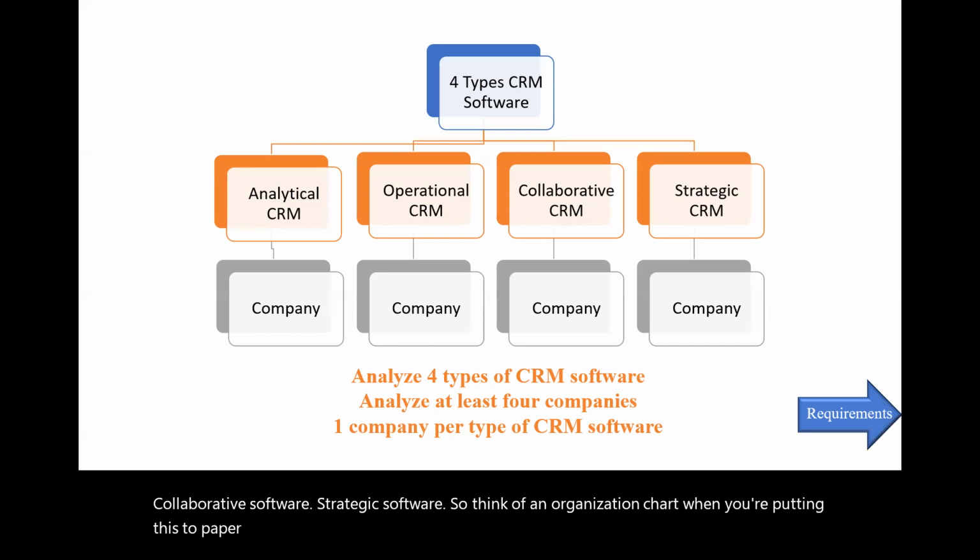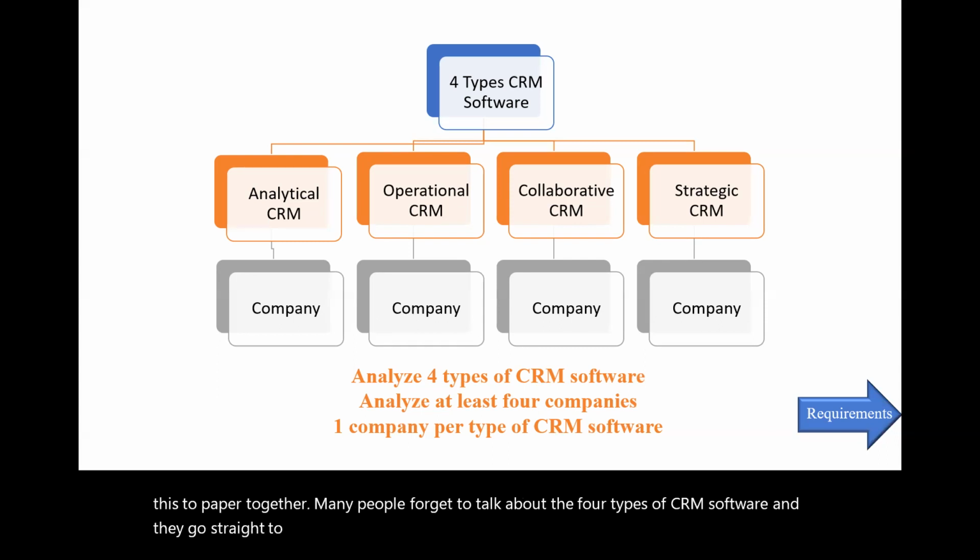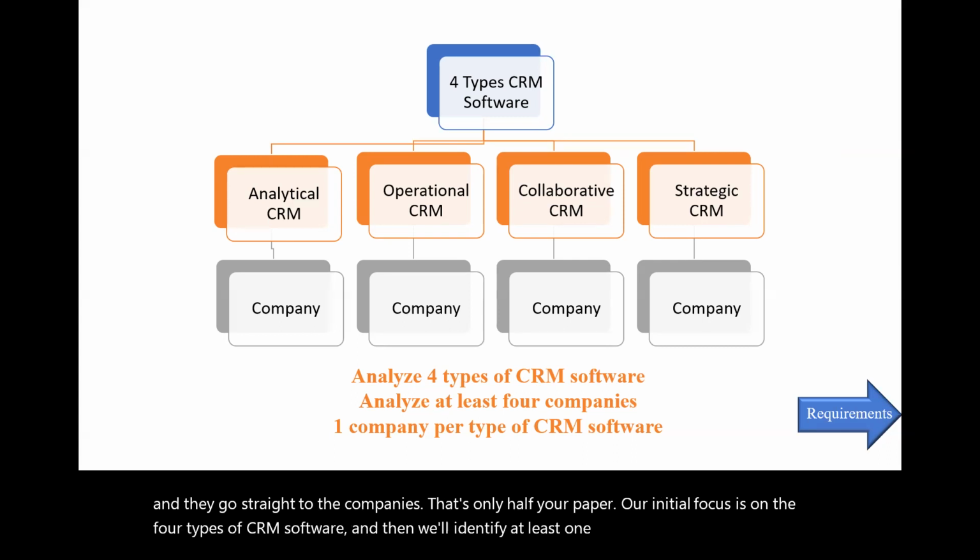Many people forget to talk about the 4 types of CRM software, and they go straight to the companies. That's only half your paper. Our initial focus is on the 4 types of CRM software, and then we'll identify at least one company that uses each type of software.